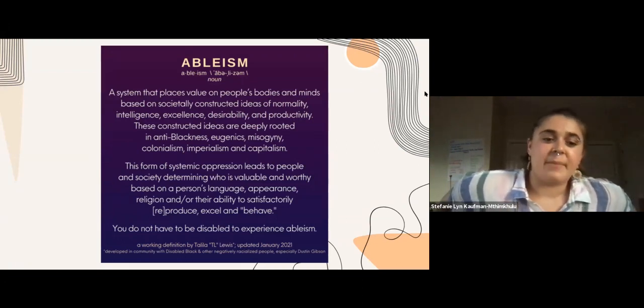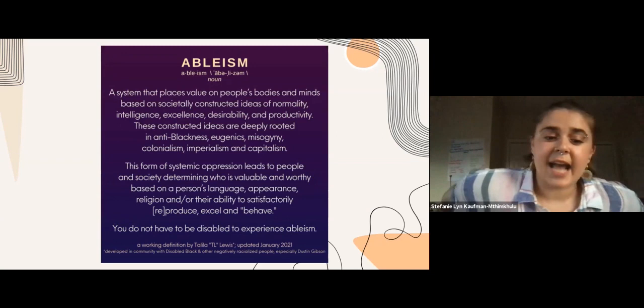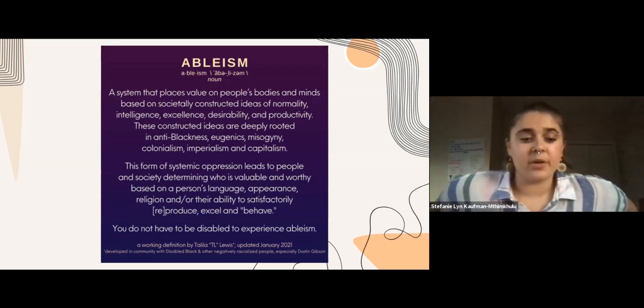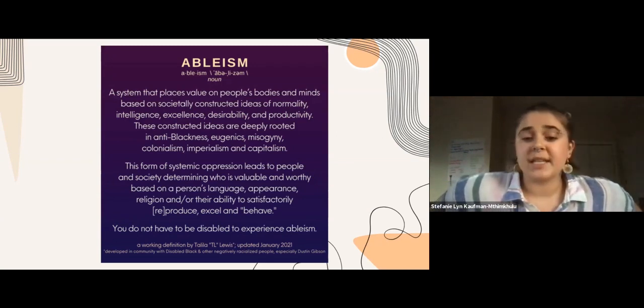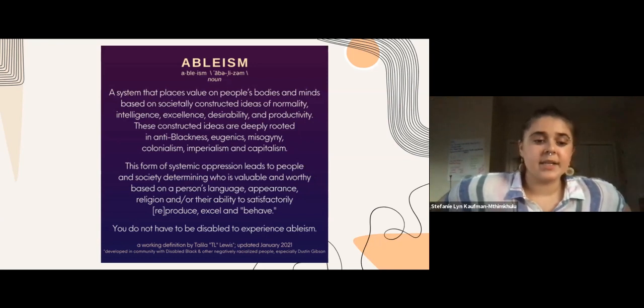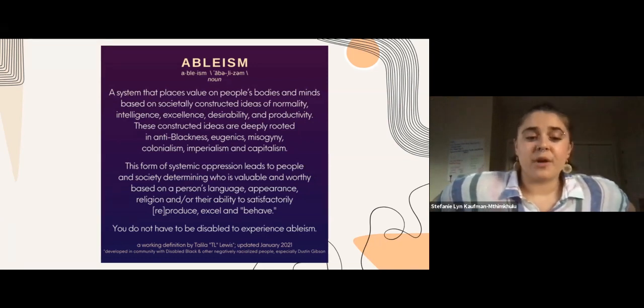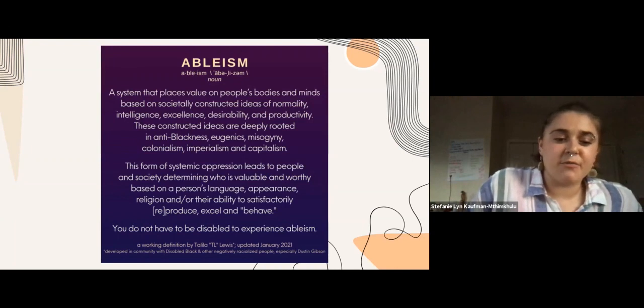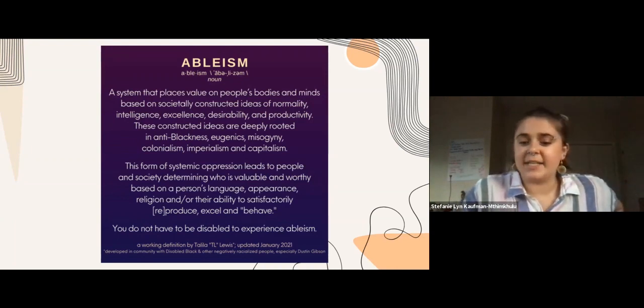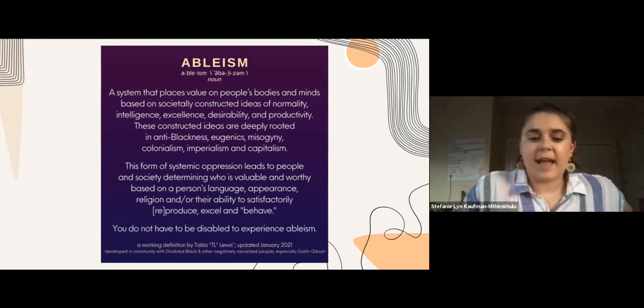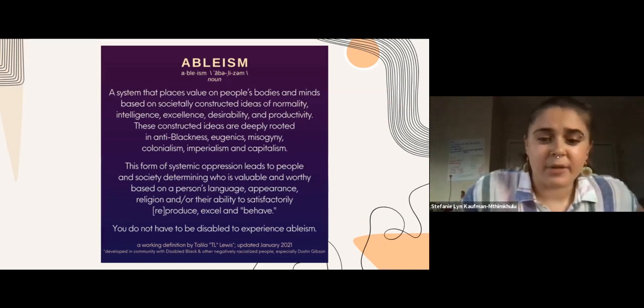This form of systemic oppression leads to people and society determining who is valuable and worthy based on a person's language, appearance, religion, and or their ability to satisfactorily reproduce, excel, and behave. And the last line says, you do not have to be disabled to experience ableism.